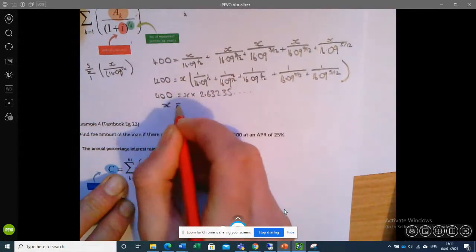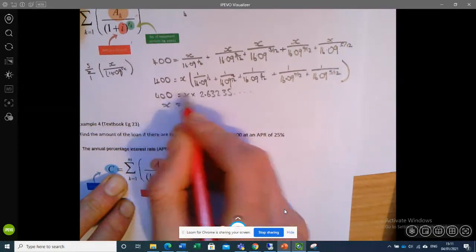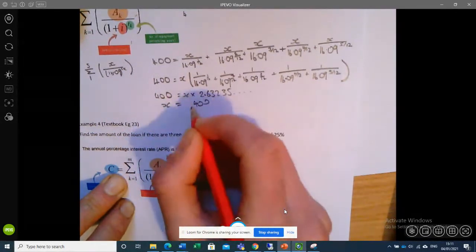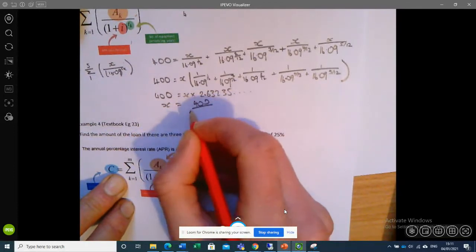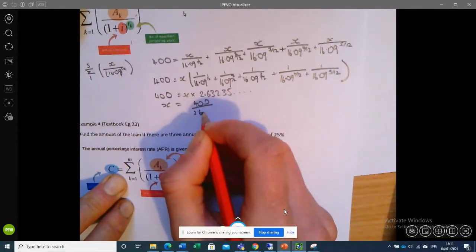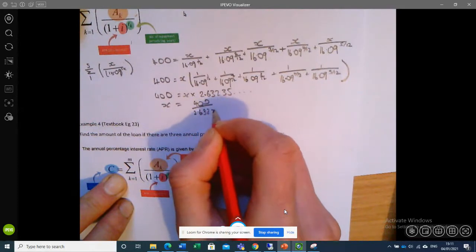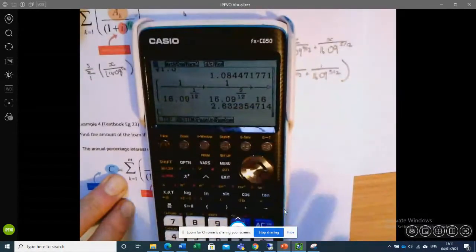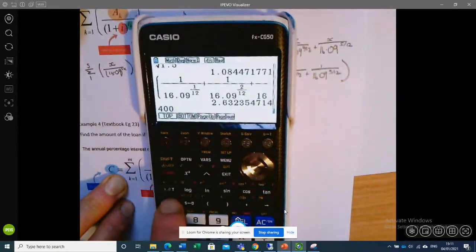Okay, so then to work out x, you're going to do 400 divided by that amount. Now obviously when you use your calculator, you use your answer button.